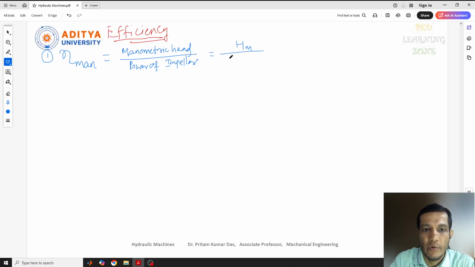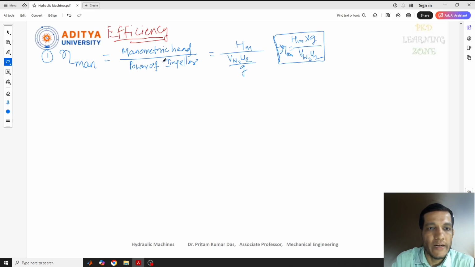We know the formula: Vw2 U2 by g. Taking the g denominator to the numerator, this is Vw2 U2. This is our manometric head, manometric efficiency.